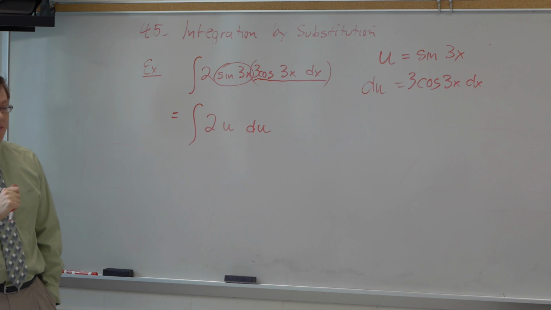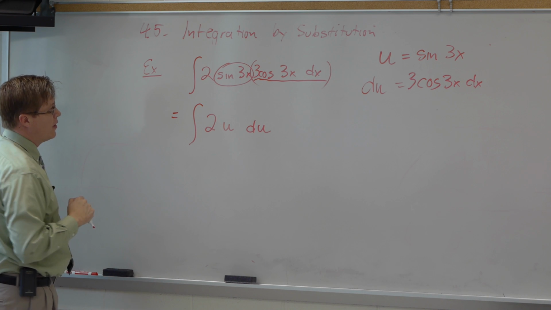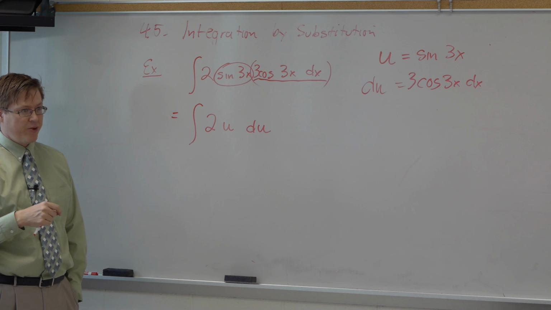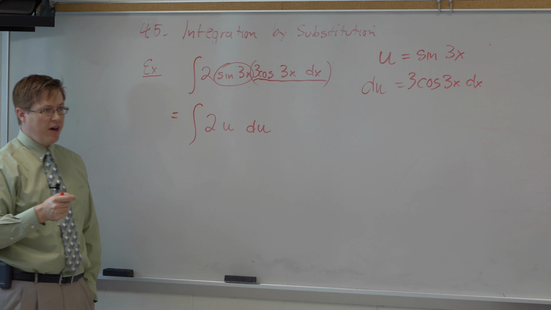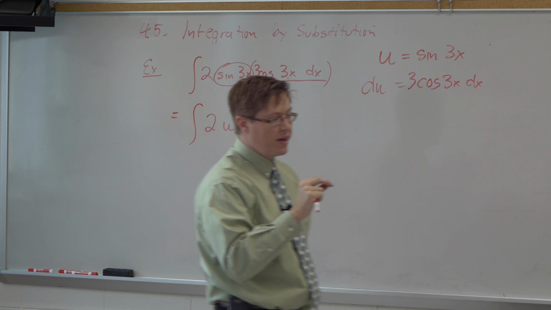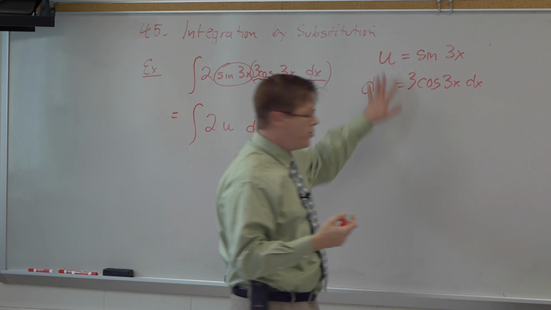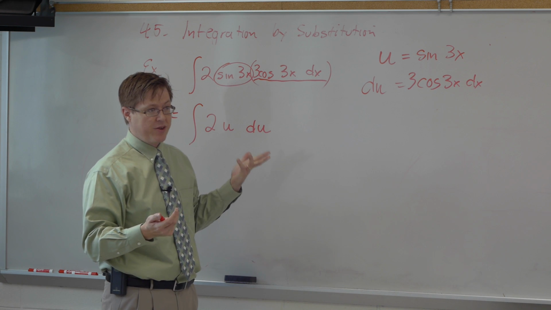So why did we choose to pick sine 3x? Like, why would we want to pick sine 3x for u? Well, the short answer is we picked sine 3x because it worked, which is not a very helpful answer. But in practice, you just start, you pick a u that you think will work. And if you do the substitution and it works, then that was the right u.